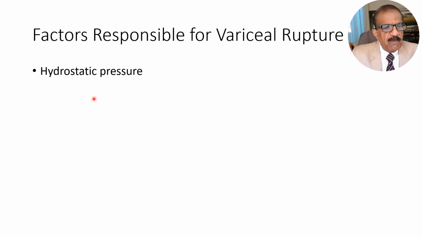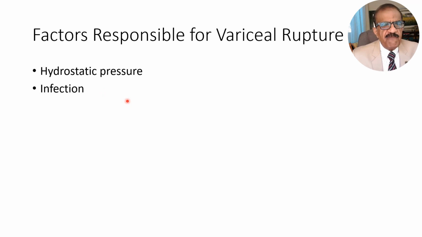First of all, I think most important is the hydrostatic pressure in the portal system. Greater the obstruction in the liver, greater the cirrhosis process, greater the obstruction, and higher the pressure. So I think the most important factor which can lead to rupture is hydrostatic pressure in the portal veins. Then infections.